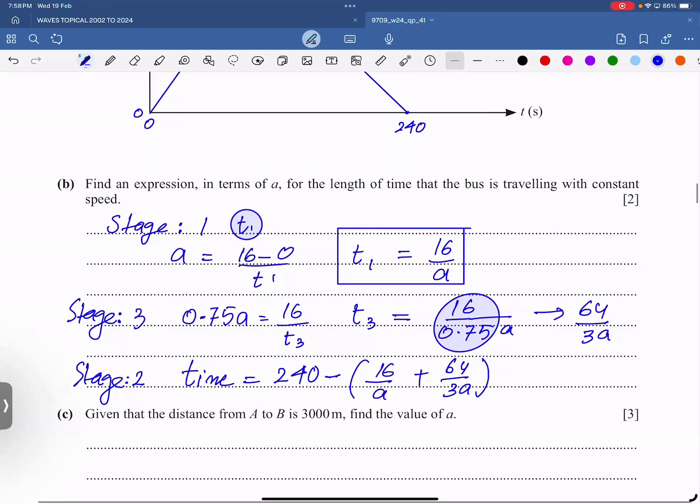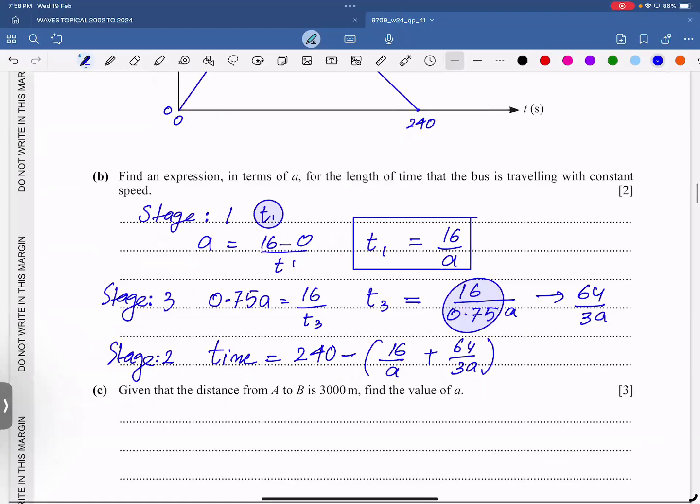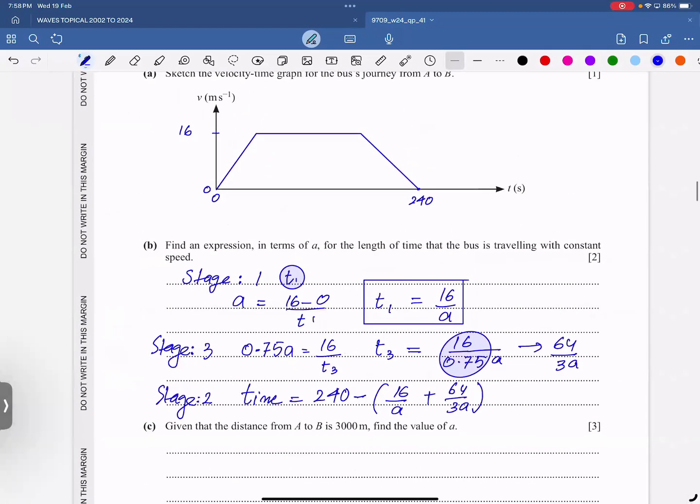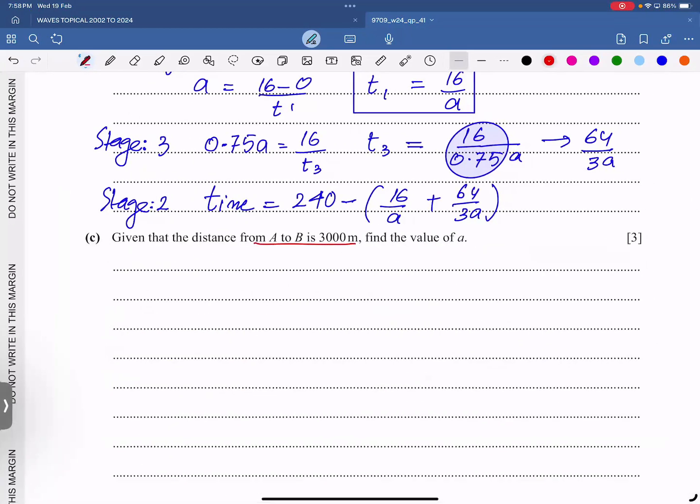Now they say the distance travelled from A to B is 3000. Distance travelled means it is the total distance, meaning the total area under the graph. The total area under the graph is 3000 meters, which is a trapezium.